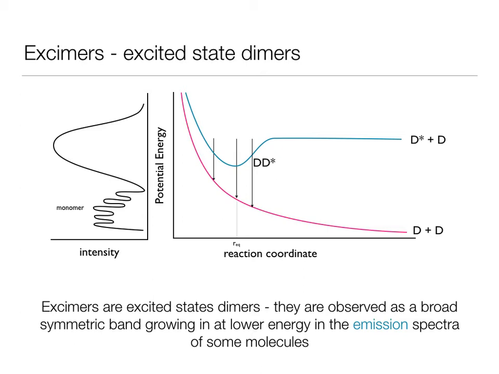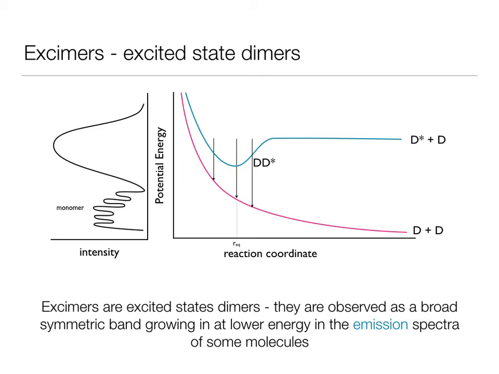But the thing about an excimer is that my excited state can have a lower energy if shared across two molecules. If it has a lower energy, I start to get into this region of a potential well. And then I start to see emission, not from my excited state to my ground state.